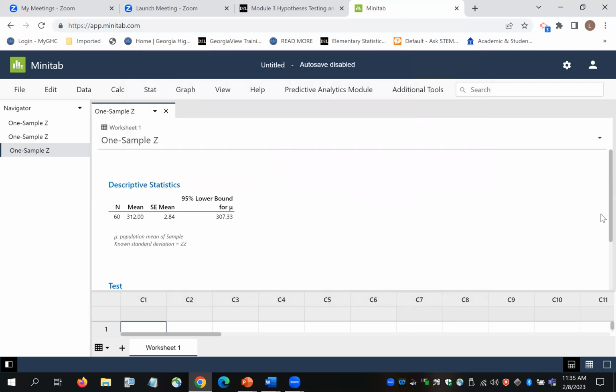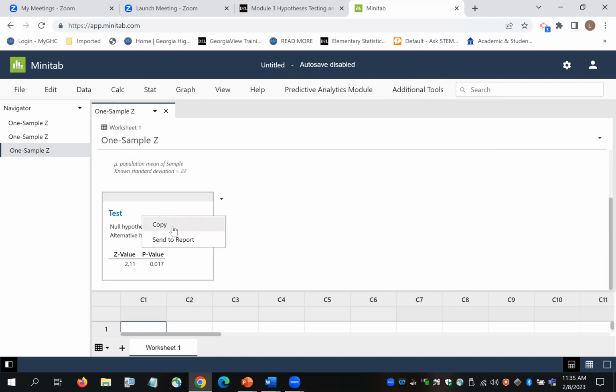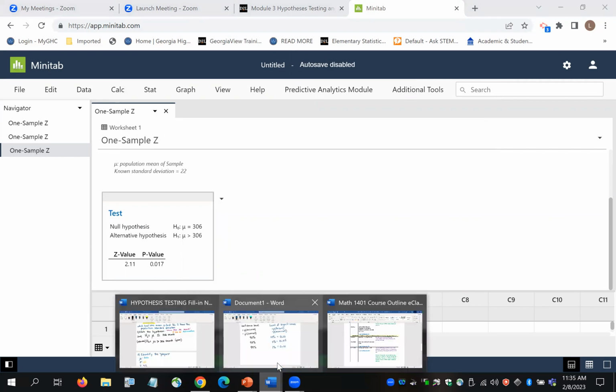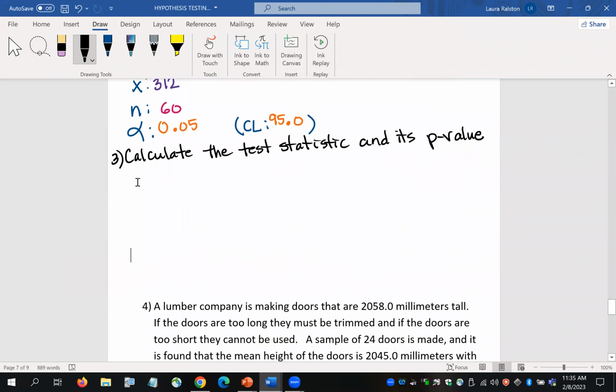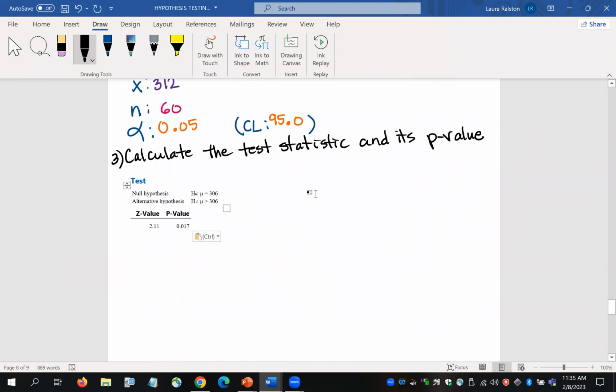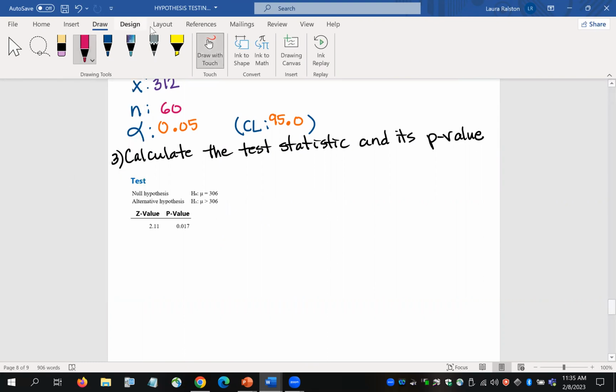Click OK. Again, I scroll down to test. And we have my Z test statistic is 2.11. My p-value is 0.017. So I've got those recorded.